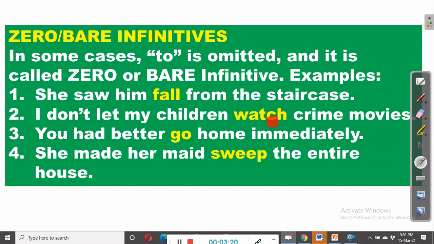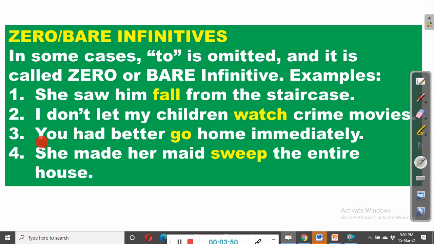Again, the bare infinitive is watch without to. If I say I want to watch movies, I want to watch becomes an infinitive phrase, but the way it is used here, I don't let my children watch crime movies, watch is a bare or zero infinitive.